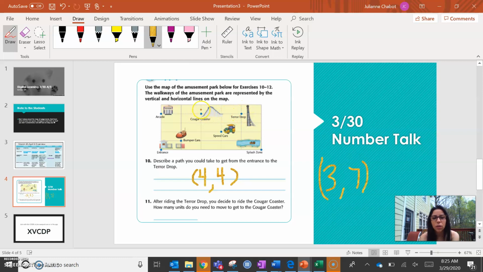So we find the Cougar Coaster. Look, it's very close. And we're going to go 1, 2 units to the Cougar Coaster. So you could say 2 units. And I won't write it out because my writing will be super duper sloppy and we're just talking about it anyway.